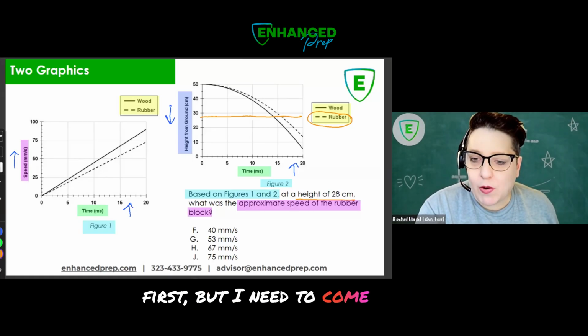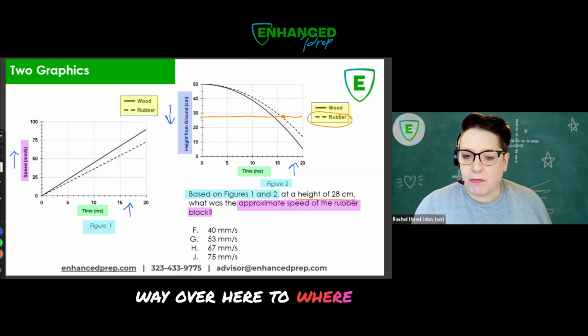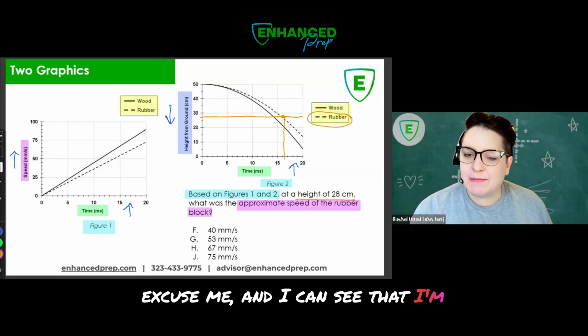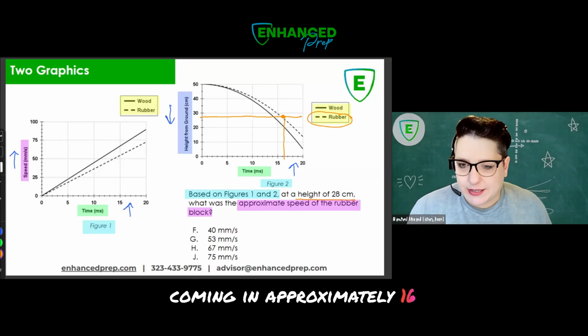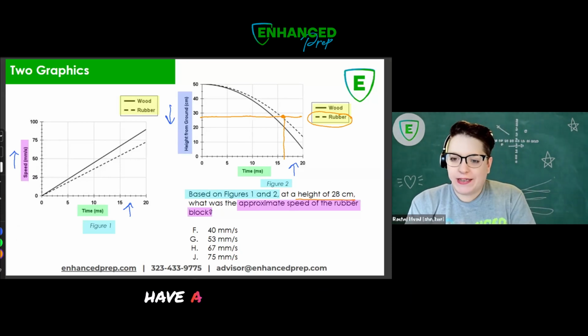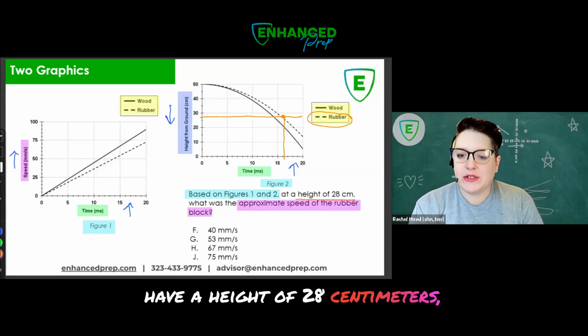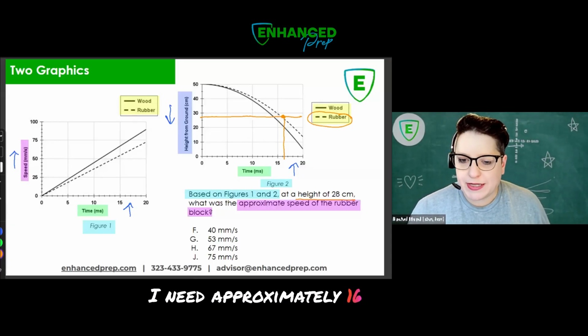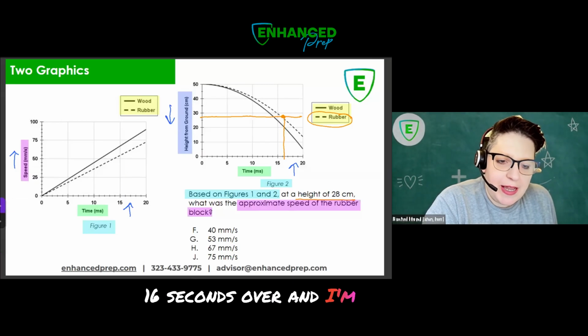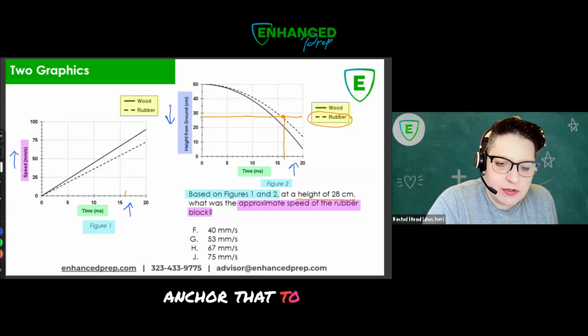But I need to come all the way over here to where my rubber is, and I can see that I'm coming in approximately 16 seconds. In order for my rubber block to have a height of 28 centimeters, I need approximately 16 seconds in time. So now I'm going to transfer that 16 seconds over, and I'm going to anchor that to this graphic.